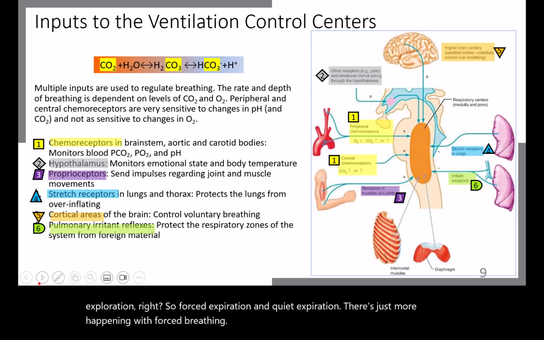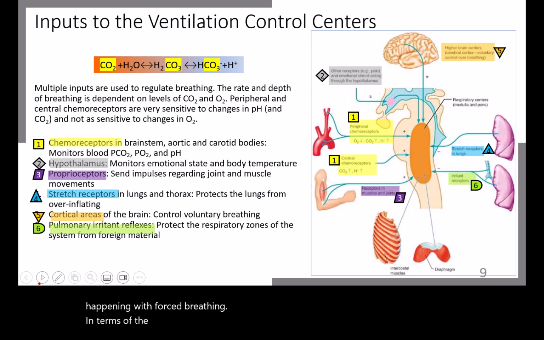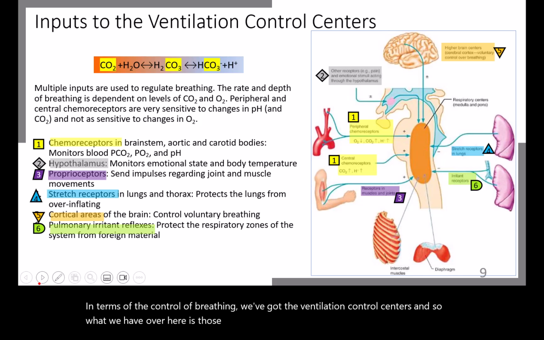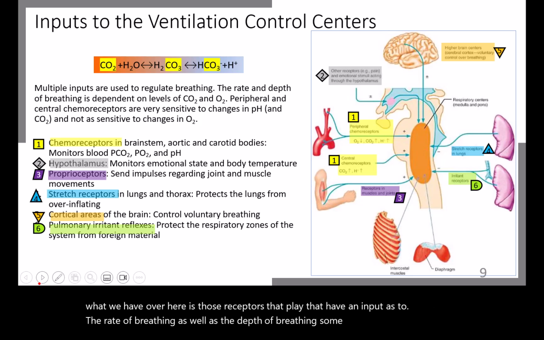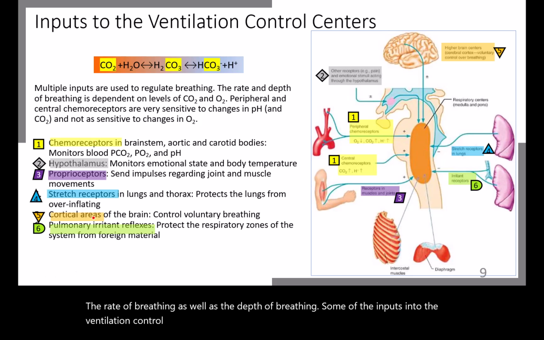In terms of the control of breathing, we've got the ventilation control centers. And so what we have over here is those receptors that have an input as to the rate of breathing as well as the depth of breathing. So some of the inputs into the ventilation control centers are listed over here.